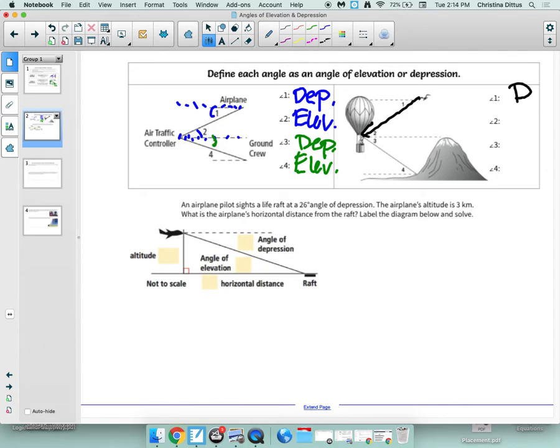Depression. If I'm number 2, this angle is from the person's point of view, so the person is looking at the bird. Am I looking up or down? Up, so is it depression or elevation? Elevation. 3, I don't know what's down there that's so exciting, but do we have a depression or elevation? Depression, and then 4 would be elevation.